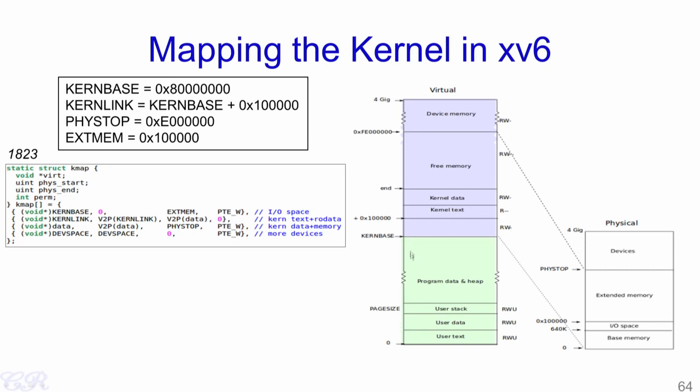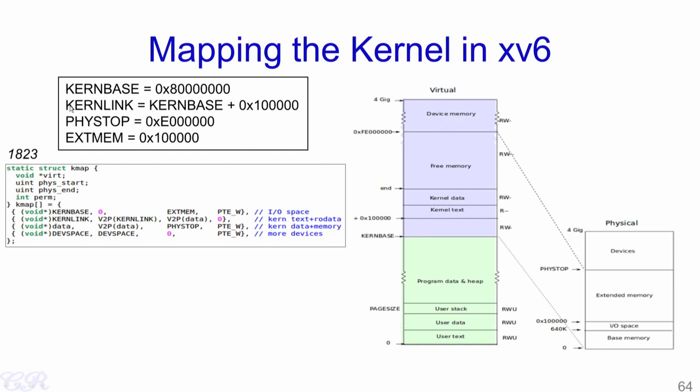The region of memory below it is user space, where user processes execute, while the region above kern base, up to the maximum of 4 gigs, is where the operating system is present, as well as where it manages memory and interacts with devices.